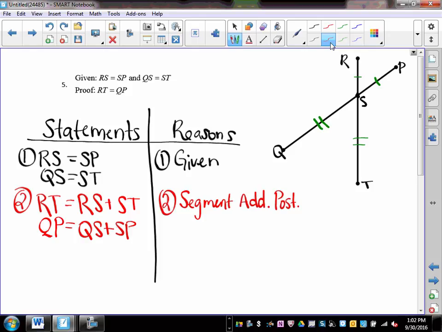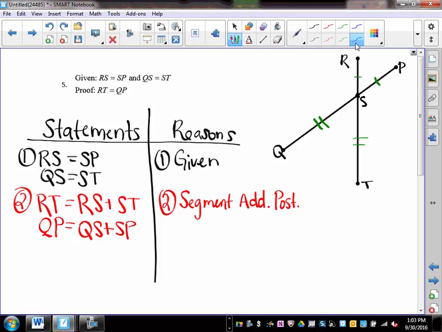All right. Thoughts on what we should do next? Kylie says substitute. Substitute QS for ST. So we want them to be exactly the same, right?